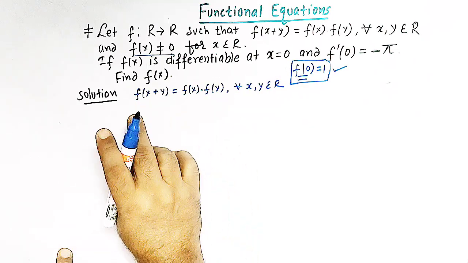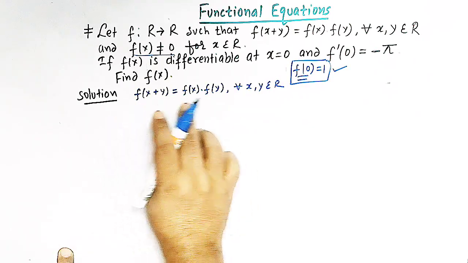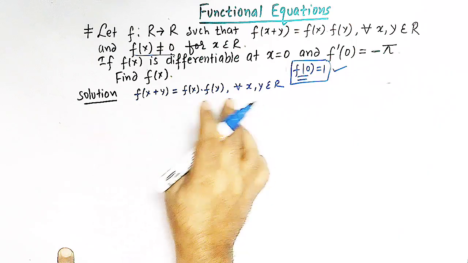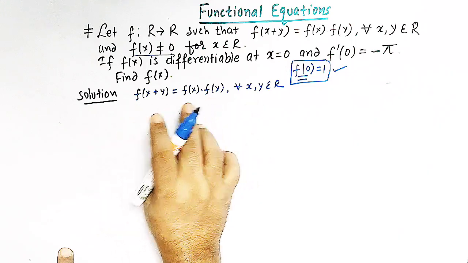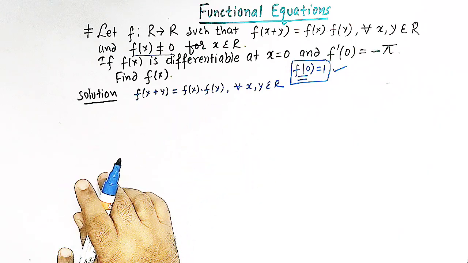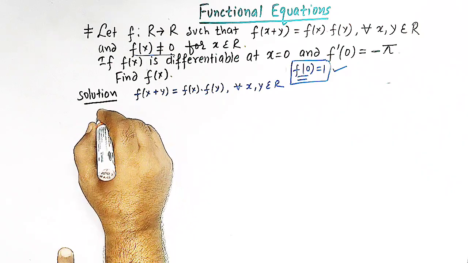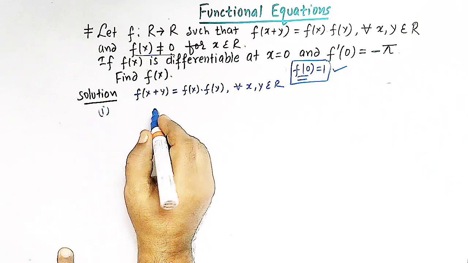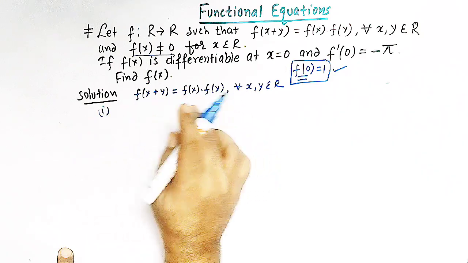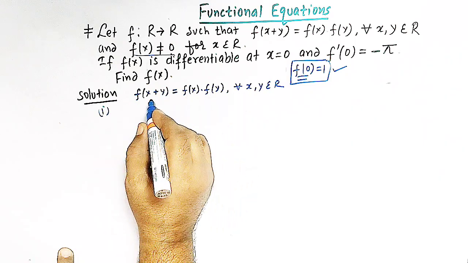So now let us differentiate this functional equation both sides partially with respect to x, right? So in the first step, what we will do will differentiate both sides partially with respect to x.